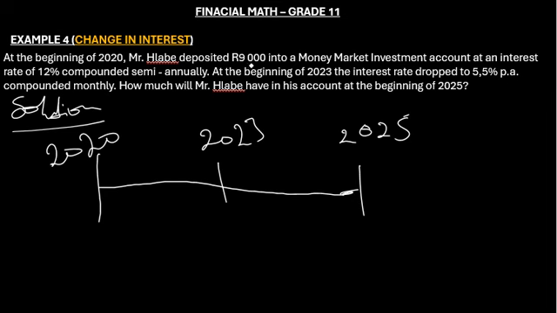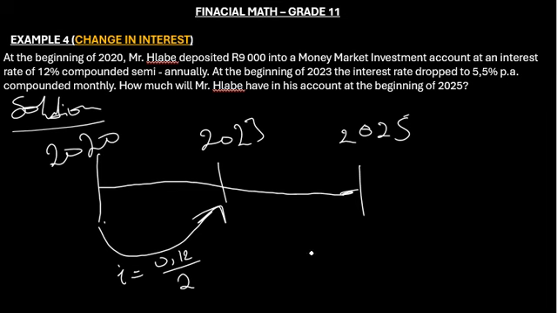Mr. Hlabe deposited 9,000 Rand into a money market account at an interest rate of 12%. So from here to here, our i is equal to 12%, which is 0.12, all divided by semi-annually, that is half yearly.